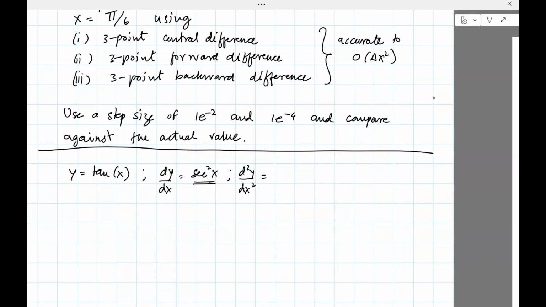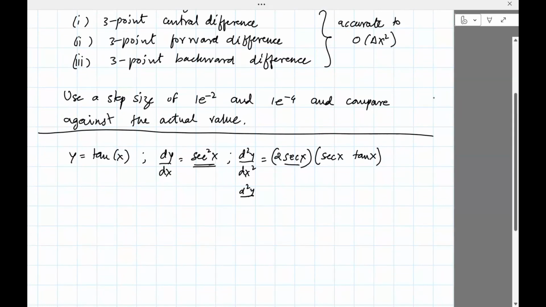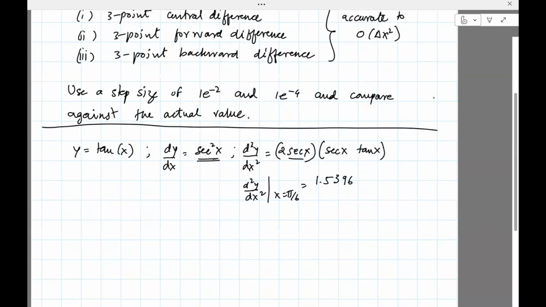That is like the derivative of something like x squared, it'll be 2x. So it's 2 secant x. And then we need to find the derivative of just secant x. That will be secant x tangent of x. Okay, so if you want to compute the second derivative at x equals pi divided by 6, all you do is put x equals pi divided by 6, and you get 1.5396. Okay, that's our true value.